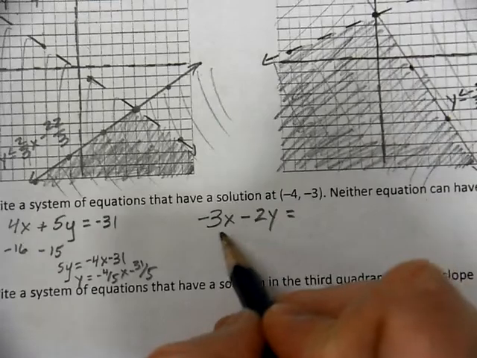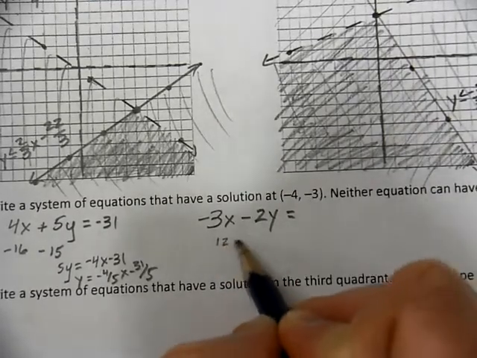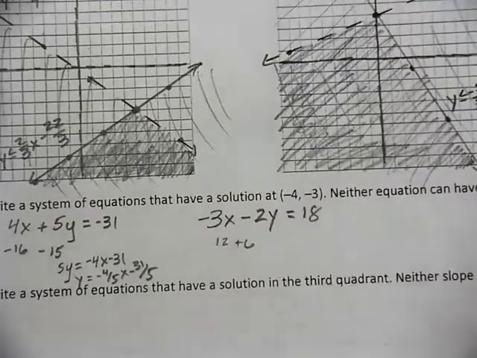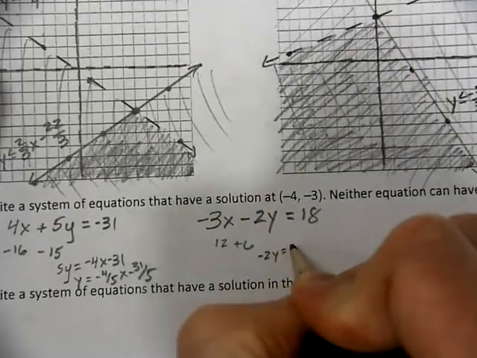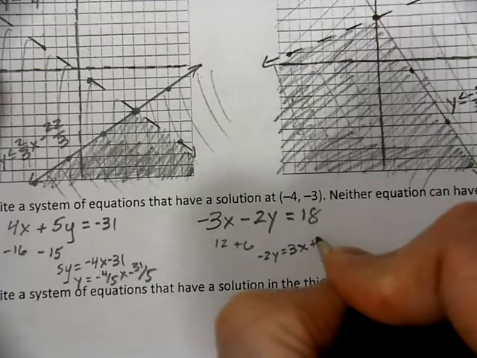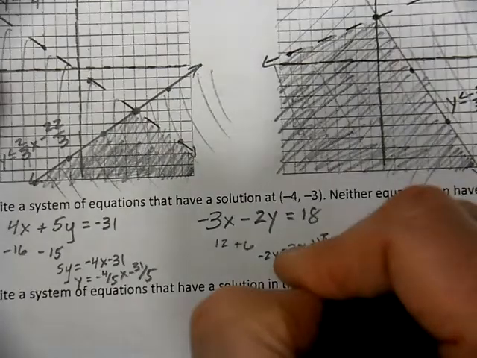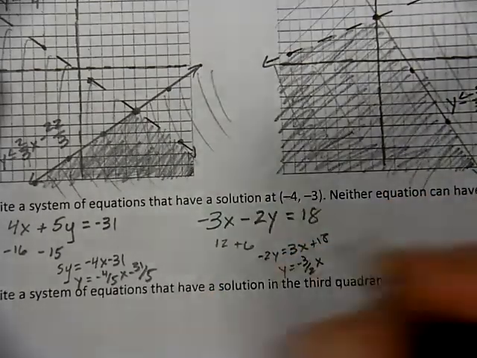So this is going to give us 12 plus 6 is 18, if you wanted to test that out. You see that we get a negative slope.